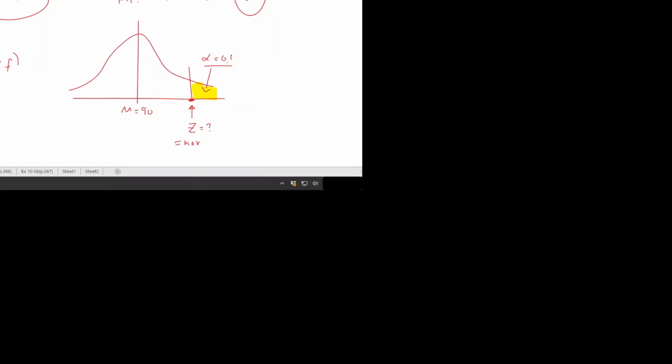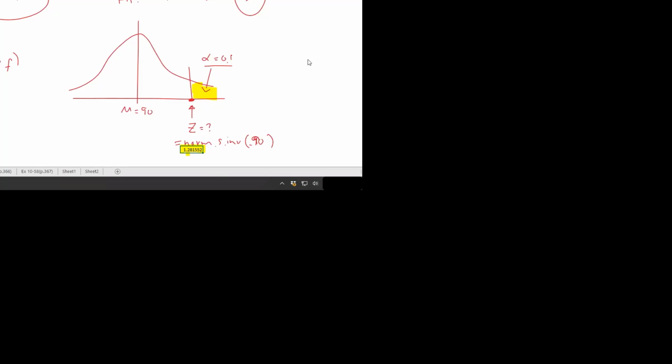Okay, the function in Excel was norm.s.inv. And what number should I put inside the parentheses? 0.9. Correct. All right, so let's do that. Equals norm.s.inv 0.9 gives a z-value of positive 1.281552.